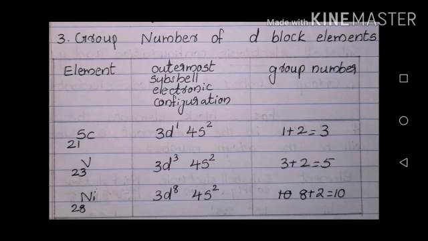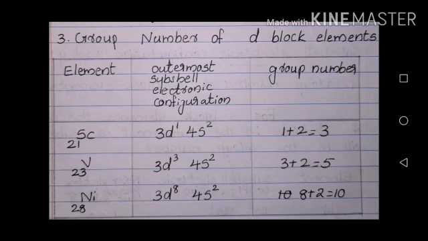The D block elements group number is number of electrons in D subshell plus number of electrons in S subshell. That is, by adding number of electrons in 3d subshell and 4s subshell, 1 plus 2, the group number of scandium is 3.